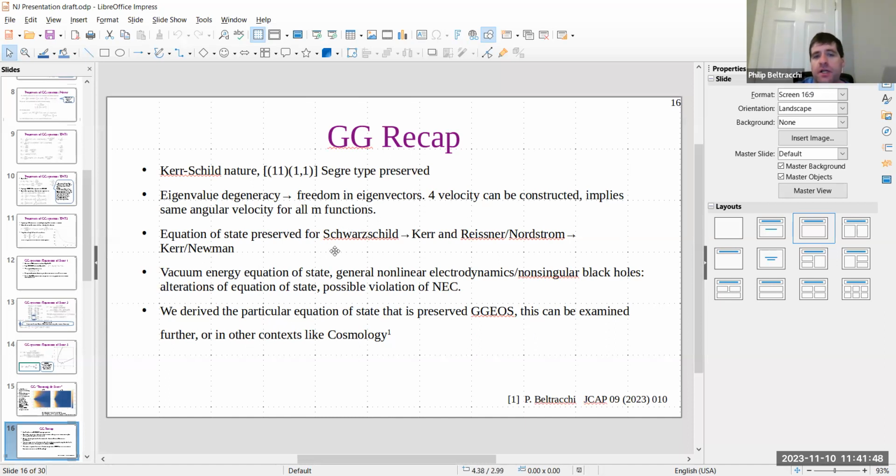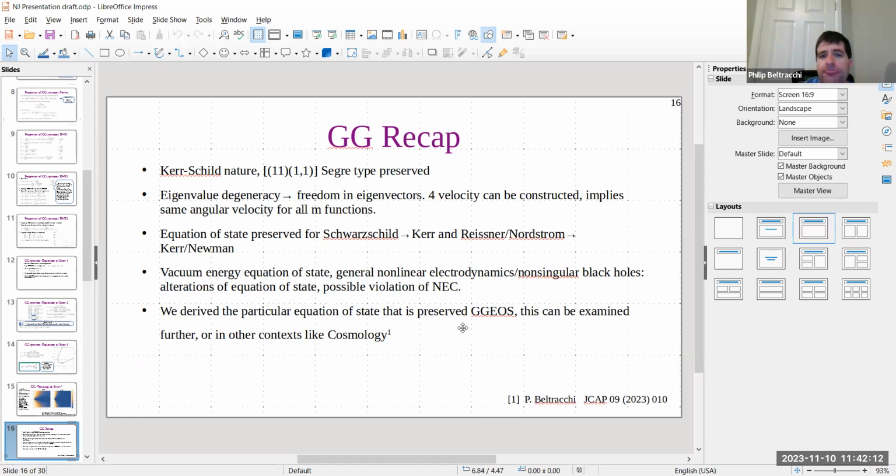However, if we want to preserve the pure vacuum energy equation of state or some nonlinear electrodynamics or non-singular black hole, if we had the equation of state for those, that will typically be altered when we pass into the rotating version, and we might get violations of the null energy condition.